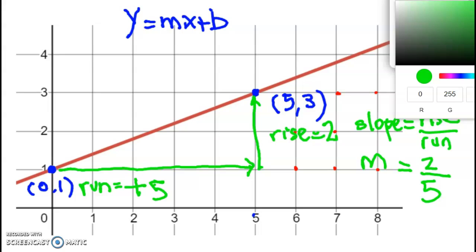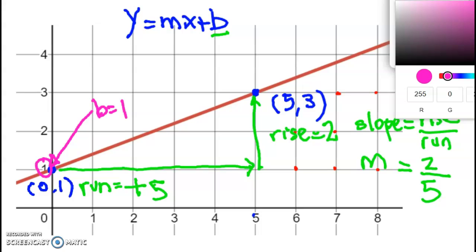What else do we need to know? We need to know the b value. So what is b? That is the y-intercept. What is the y value of the y-intercept? It's 1. It's telling me the graph is crossing the y-axis at positive 1. So then b is 1.